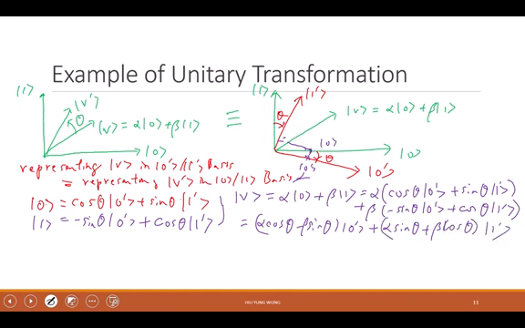I'm just regrouping them. Because this 0 is here, it's alpha cosine theta minus beta sine theta for 0 dash, and alpha sine theta plus beta cosine theta for 1 dash.